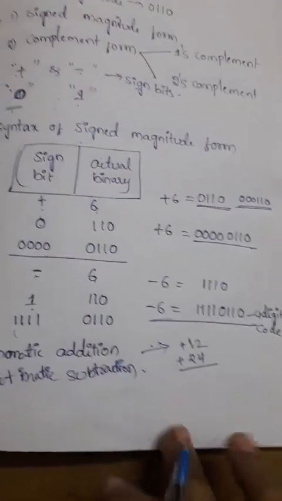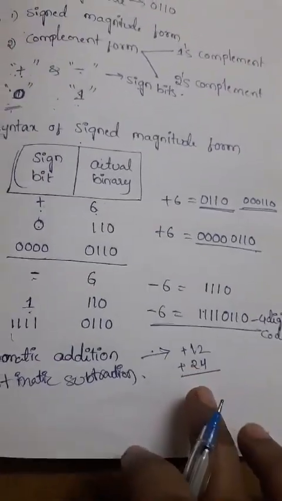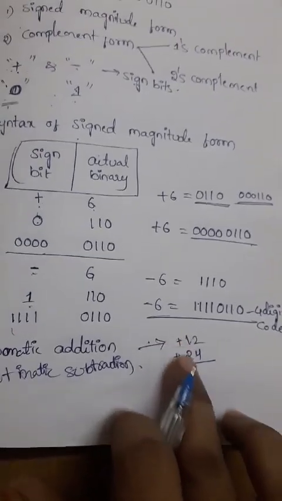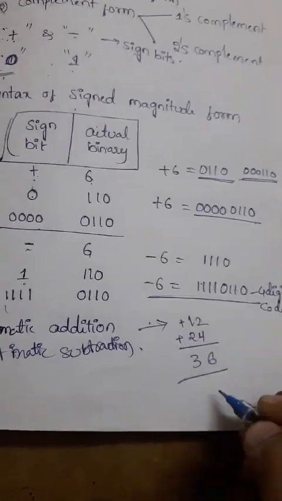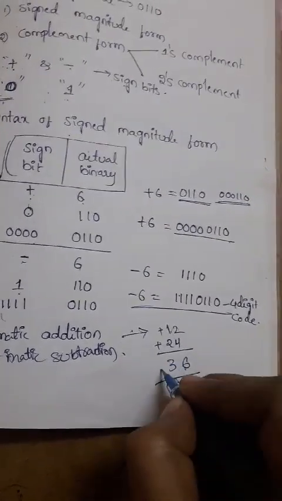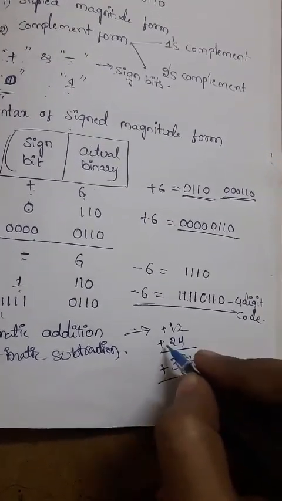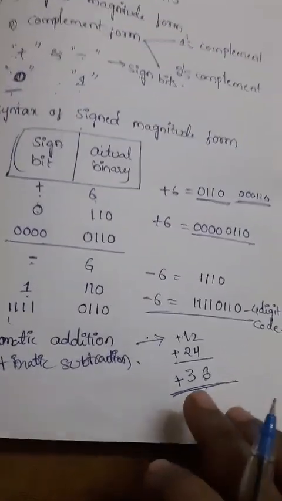Adding the two magnitudes, we get the result as 36. For that result, whatever sign the numbers have in common, that sign will be given to the result of the addition, right?